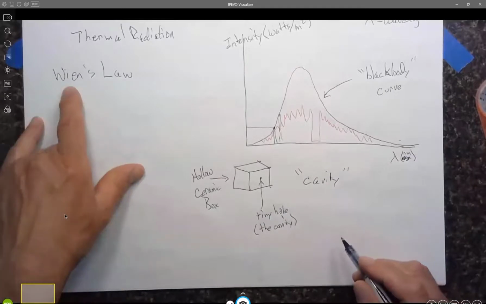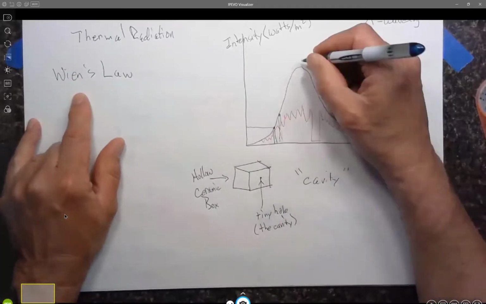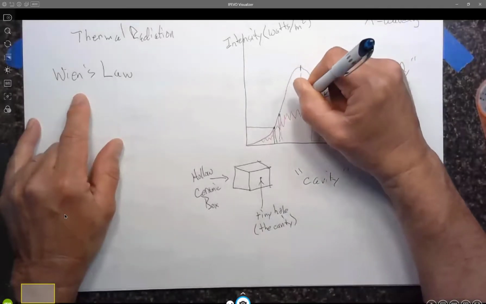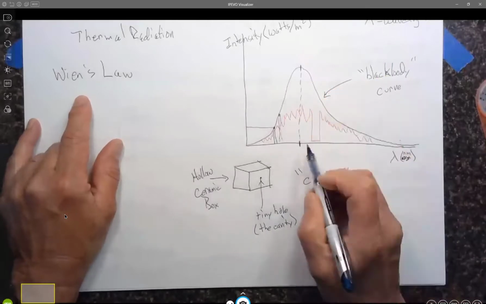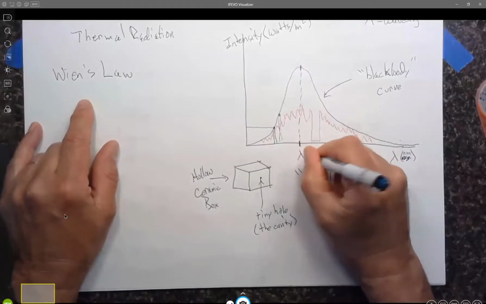But here's what Wien found out, or Wien, I think it was a German name. He looked where the peak of the curve happened to be, and he called the wavelength of the peak of the curve lambda max.